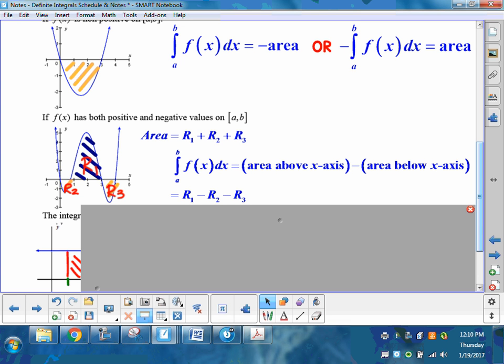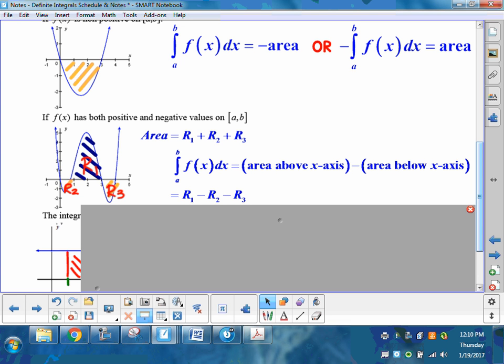You could take 3 of them, because you'd have the one to the left, which is below, the one in the middle, which is above, and the one to the right, which is below. Which of those would be negative? Which of the R's would be negative? Take a look at what's there. Which R's are going to be negative?